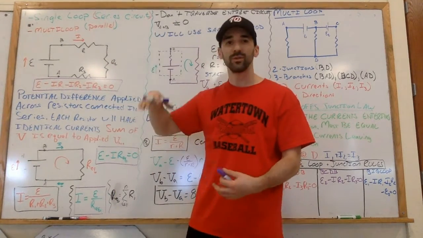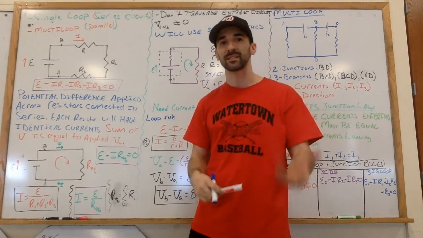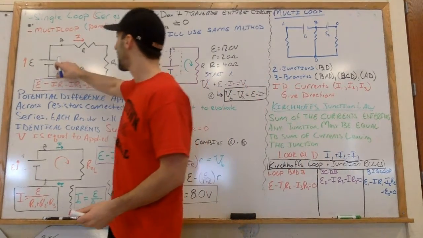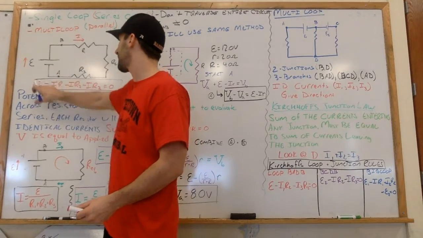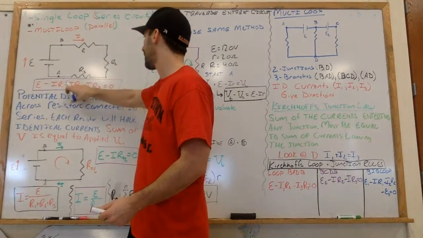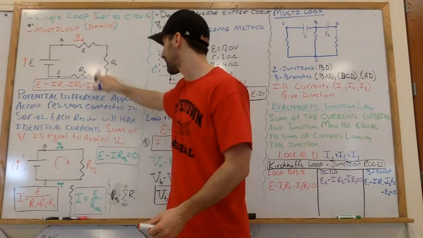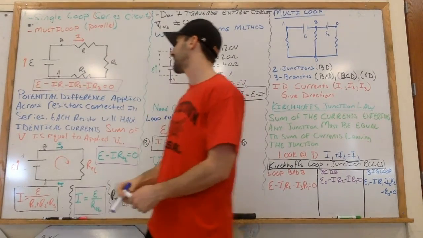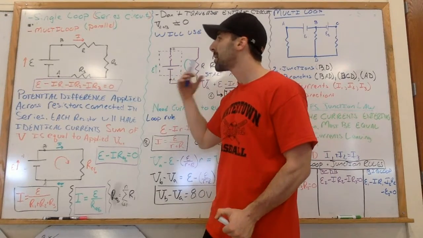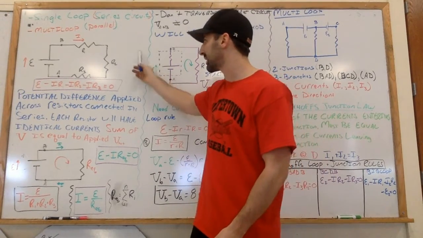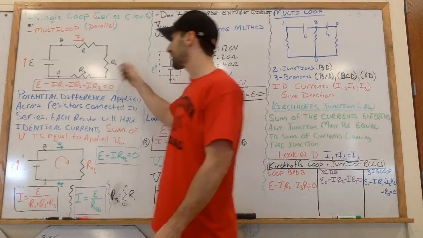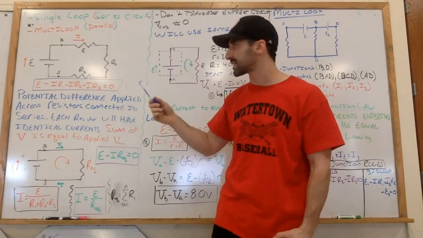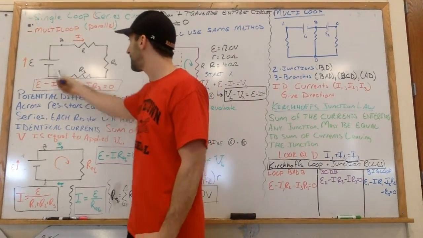If I wanted to traverse around that circuit in order to find its current and its potential difference, I have E plus my potential difference, minus I times R1, minus I times R2, minus I times R3, getting all the way back to the beginning of the battery, equals 0. Basically what we're seeing here is that the potential difference applied across every resistor may be different.